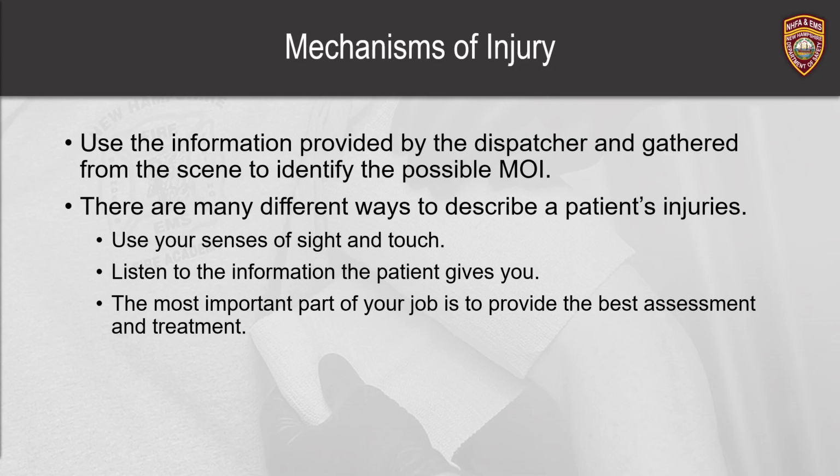And you can use your senses of sight and touch to determine the type of injury. So again, as we feel, we're feeling for like crepitation, which is the crunchiness of broken bones. We can feel for swelling. We can see obvious deformities and things like that. We're also listening to the information that the patient gives us and other sorts of things like that.